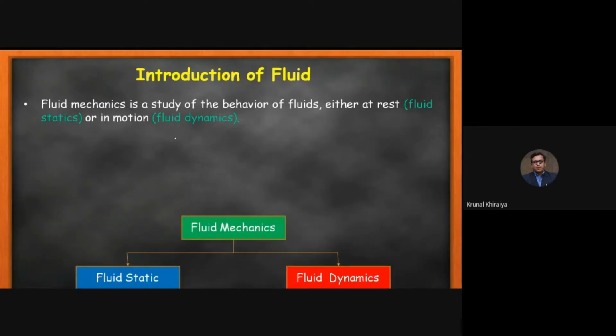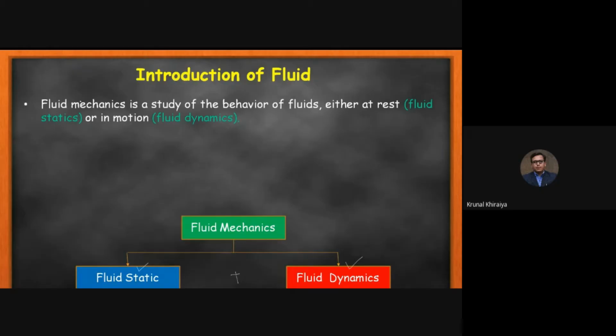So we can classify fluid mechanics into two parts: the behavior of fluid when it is at steady conditions we call fluid statics, and when we observe the behavior of fluids in motion, we are studying fluid dynamics. Combined, fluid statics plus fluid dynamics is called fluid mechanics.